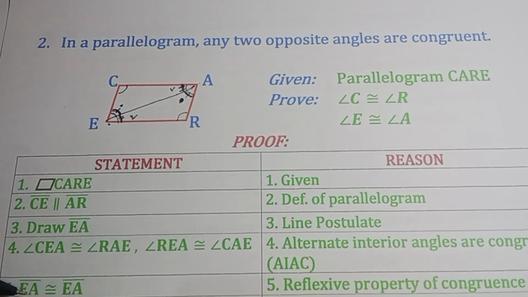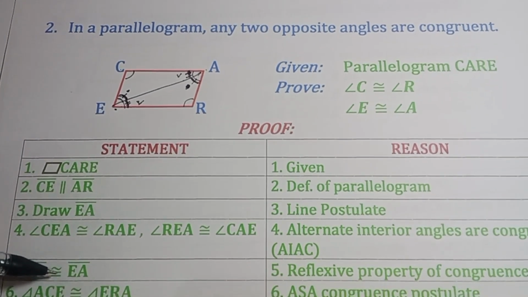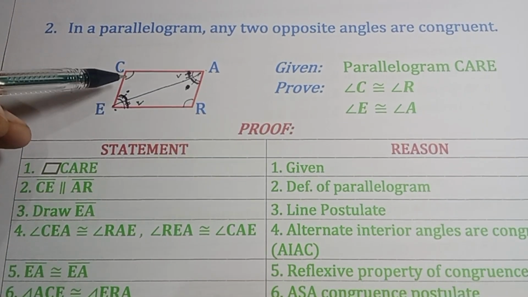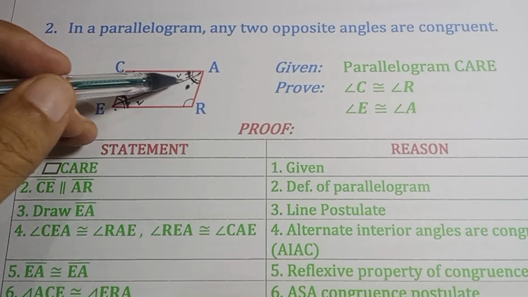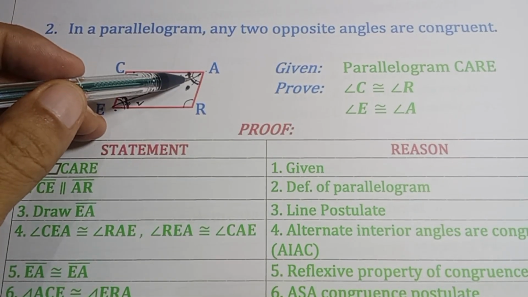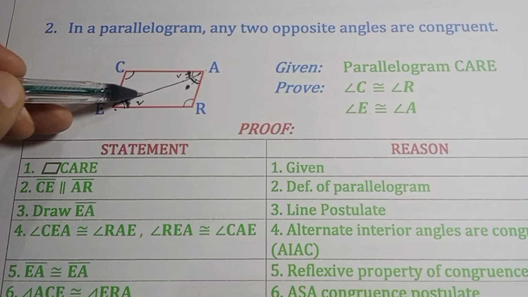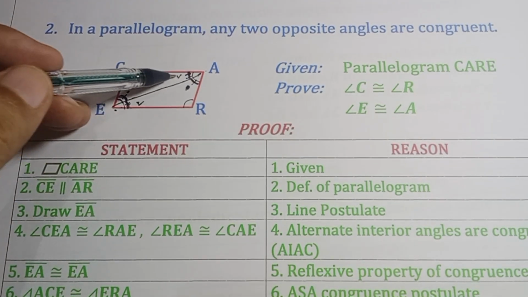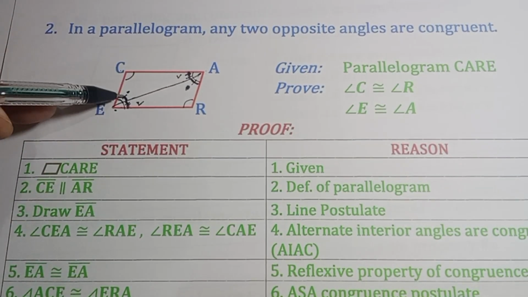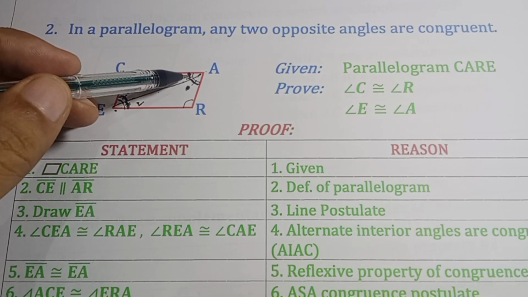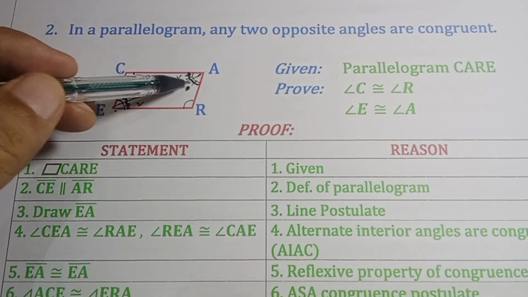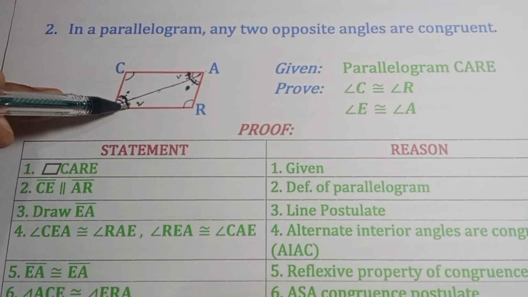So we have EA is congruent to EA. We have angle, side, angle. So for this triangle, we have angle, side, angle. And for this triangle, we have angle, side, angle.